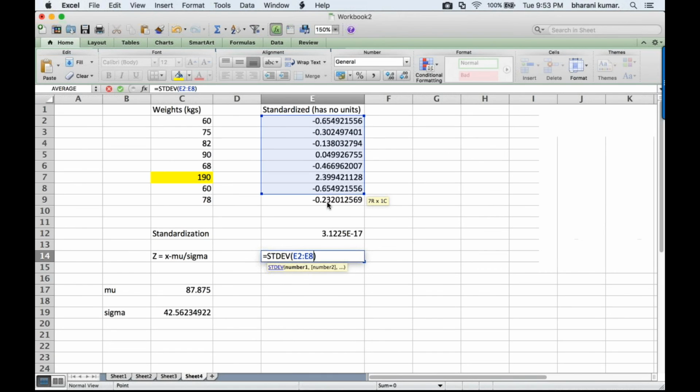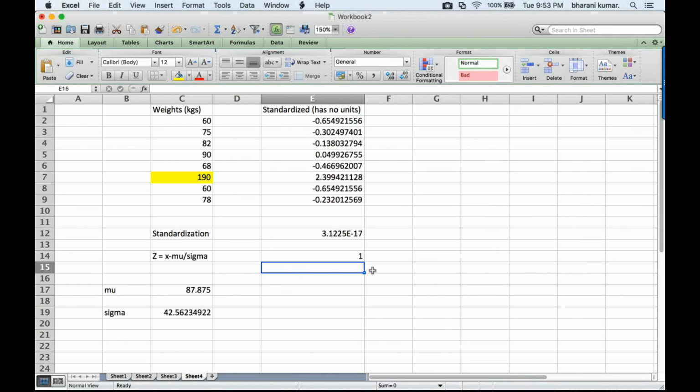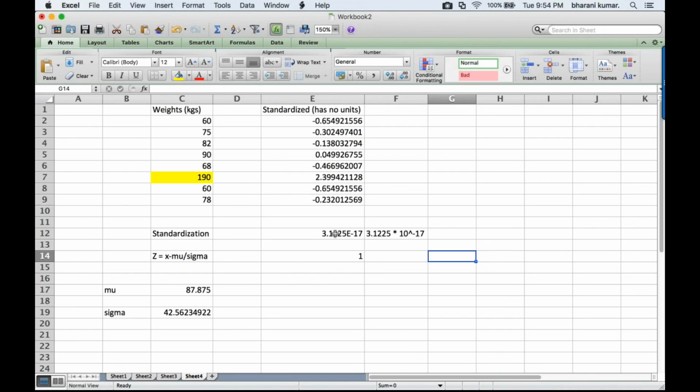What does this mean? 3.1225 multiplied by 10 raised to the power minus 17 is 0.000017 zeros followed by 31225. It's approximately 0. So whenever you standardize the data, the mean will be 0 and the standard deviation will be equal to 1. This is a property of standardized data.